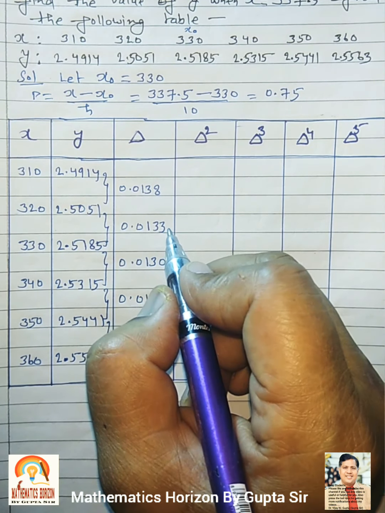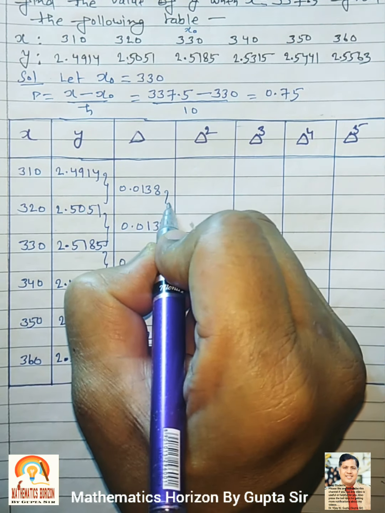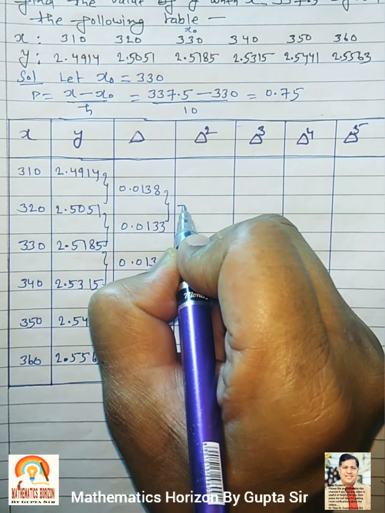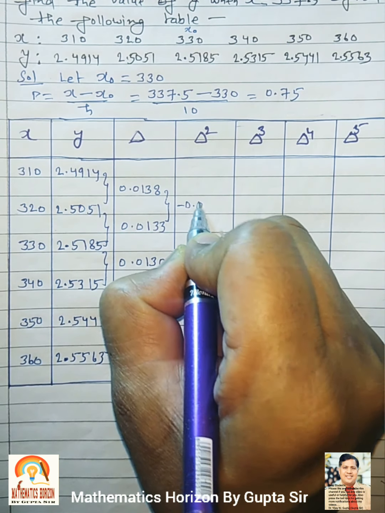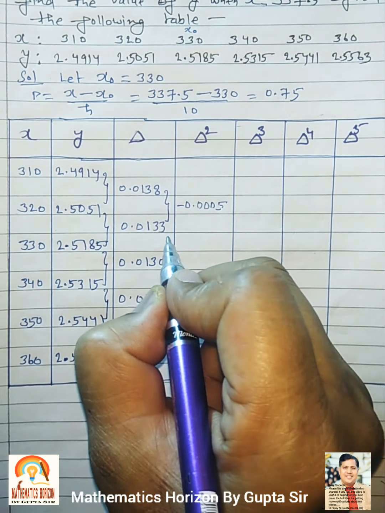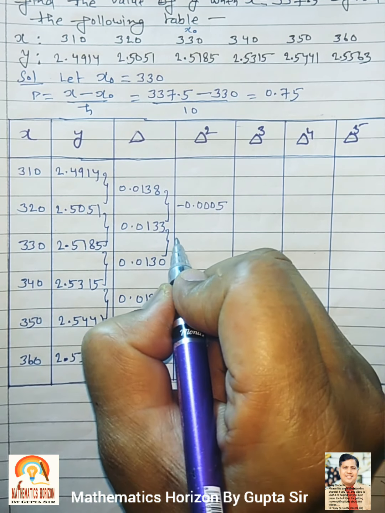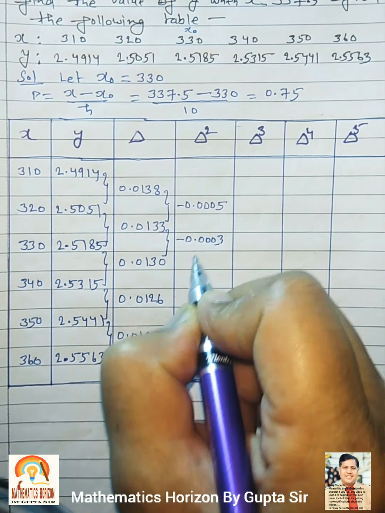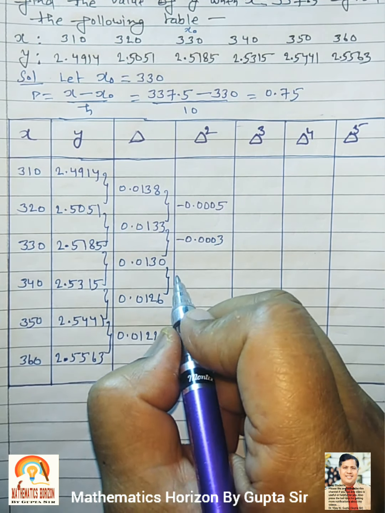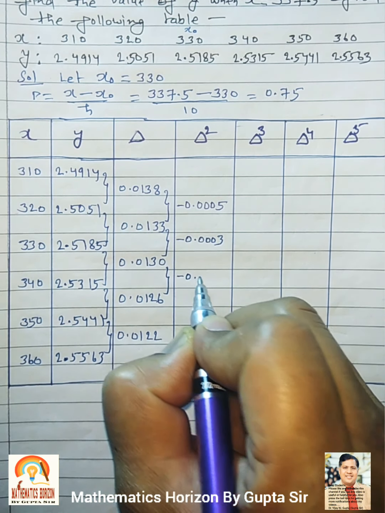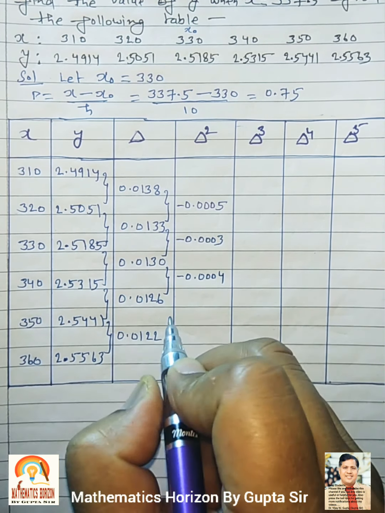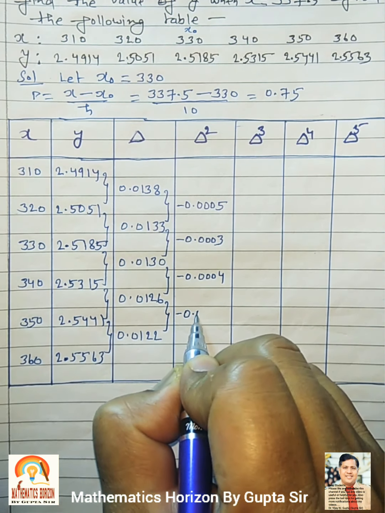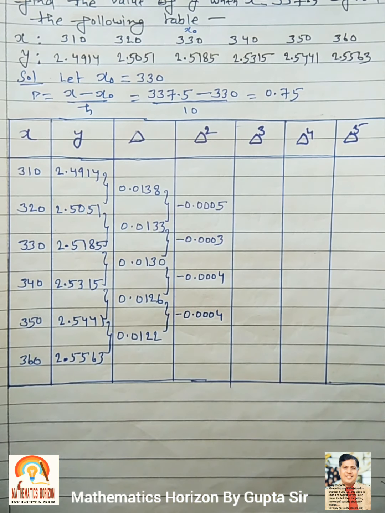Now we calculate differences of second order, meaning this term minus this term. Differences will be minus 0.0005, minus 0.0003, minus 0.0004, and minus 0.0004.